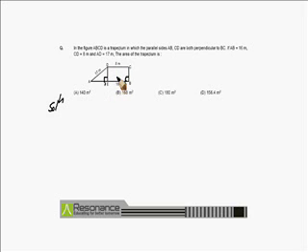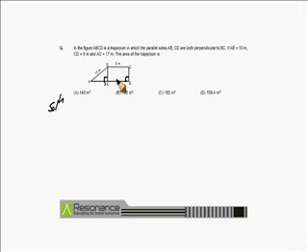From this figure we see that EBCD forms a rectangle because the line AB is parallel to CD. So we can say that EB is also parallel to CD. So it is a parallelogram with one angle 90 degree, so it will form a rectangle. In a rectangle the opposite sides are equal.